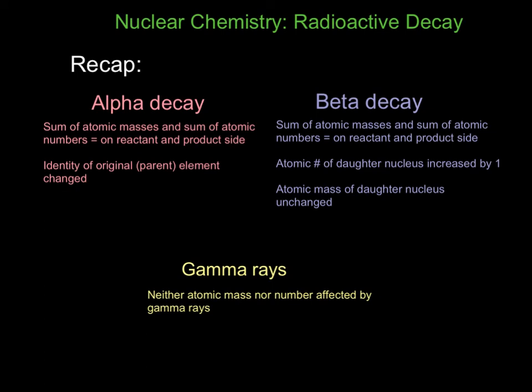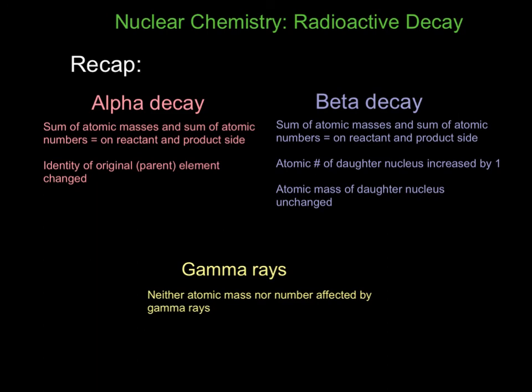So to review what we've covered in this video, in alpha decay, the sum of the atomic masses and the sum of the atomic numbers are equal on the reactant and the product side, and the identity of the original or the parent element is going to be changed because your atomic number is going to change.